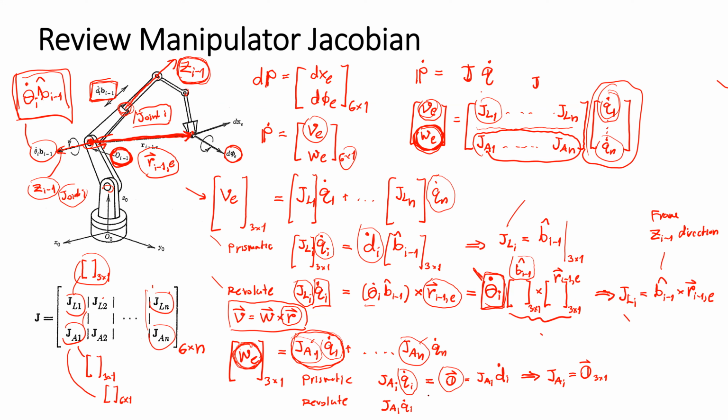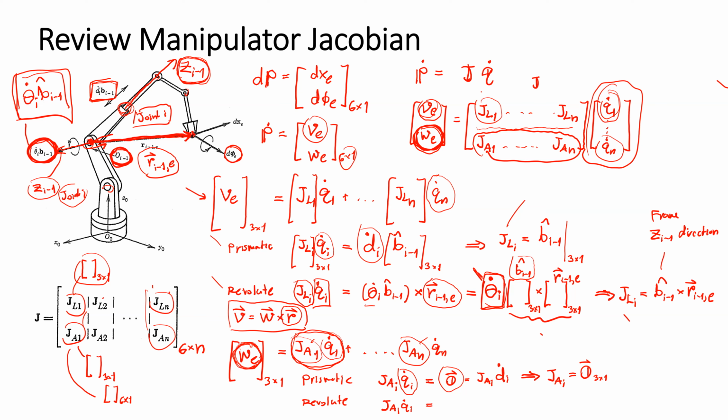So for the revolute joint, you need to imagine that we have the joint speed and the unit vector that describes the direction of the omega at the endpoint here.